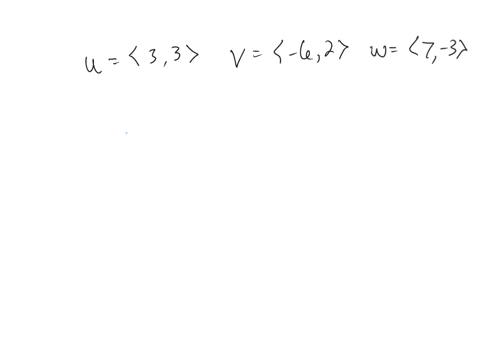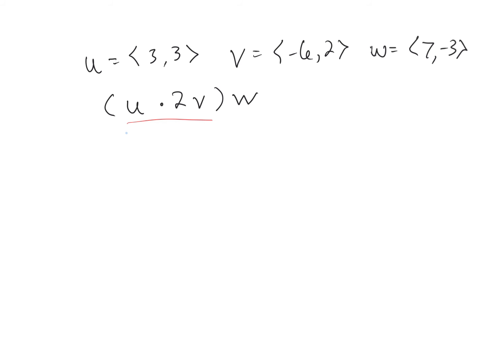Let's do an example with three vectors. Let's say one vector u is (3, 3), another vector v is (-6, 2), and a third vector w is (7, -3). Let's say they want u times the dot product of 2v times w. There is a lot going on here, but we can break this down one step at a time. Let's look at the parentheses.